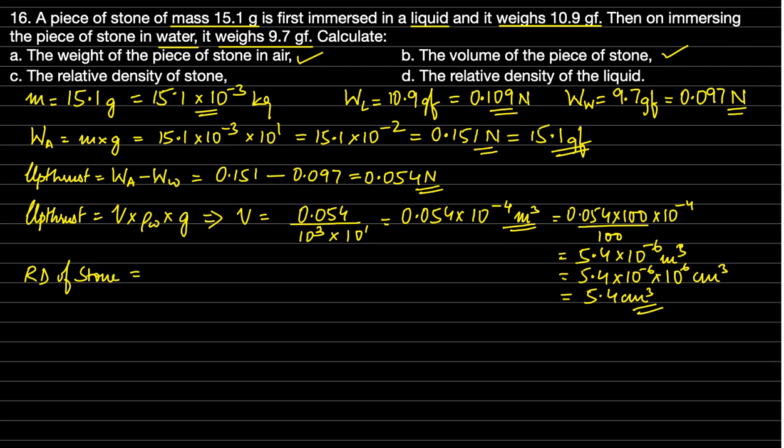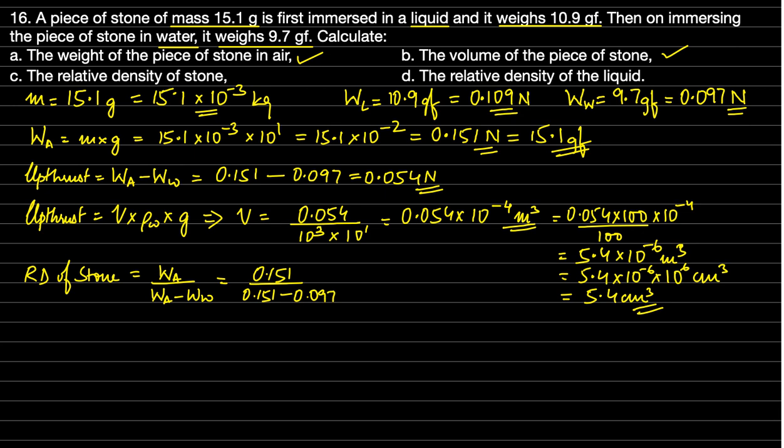So that would be weight in air, the same formula, weight in air divided by weight in air minus weight in water. Weight in air is equal to 0.151. So 0.151 divided by 0.151 minus weight in water is given as 0.097.